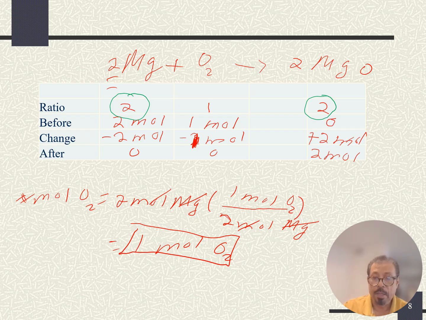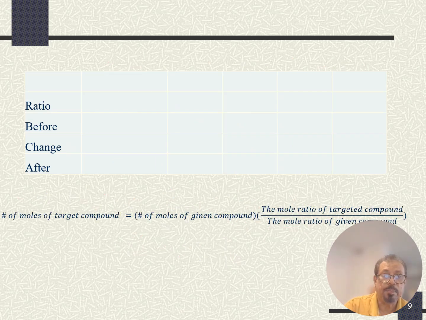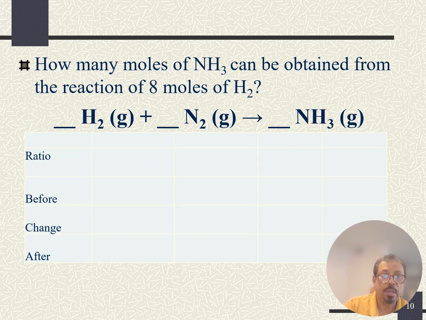Okay, let's take another example. How many moles of ammonia can be obtained from the reaction of 8 moles of hydrogen? Of course, we're also going to have to balance the chemical equation. As you see here, we have nitrogen 2, and we need 2 here, and then 2 times 3 is 6, so I need 3 here.